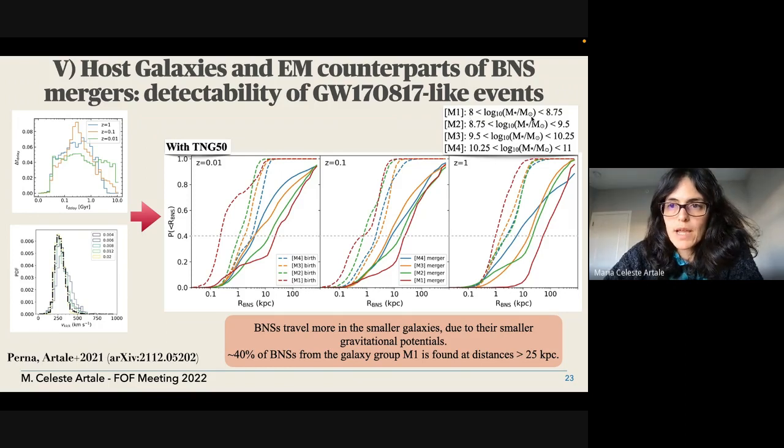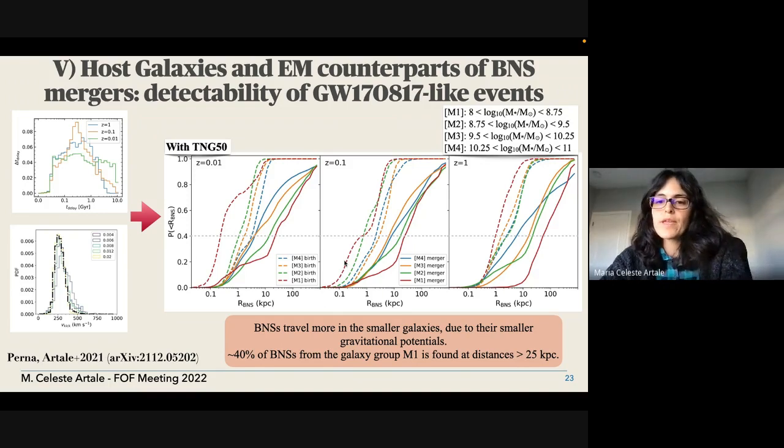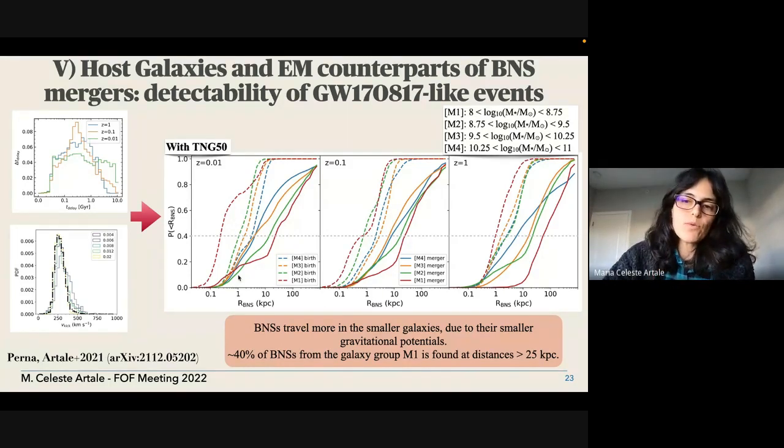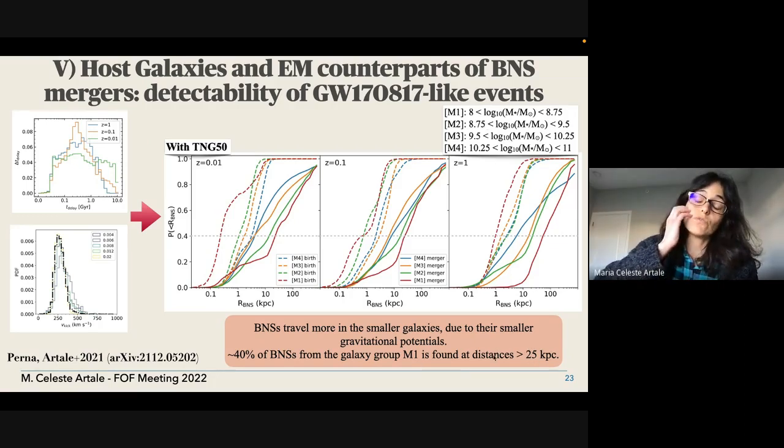M1 is the lowest mass bin for our simulated galaxies. In this paper, as I wrote here, if you follow this dashed line, 40% of our binary neutron stars from the galaxy group M1, in the lowest mass bin, are found at distances above 25 kiloparsecs.